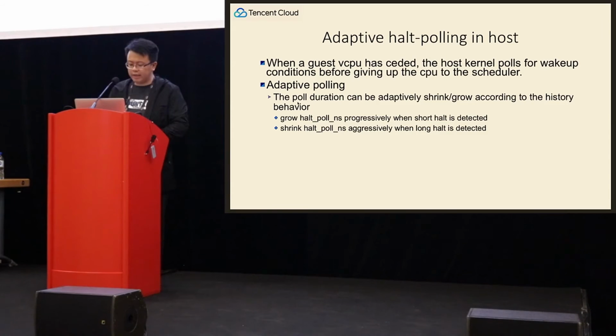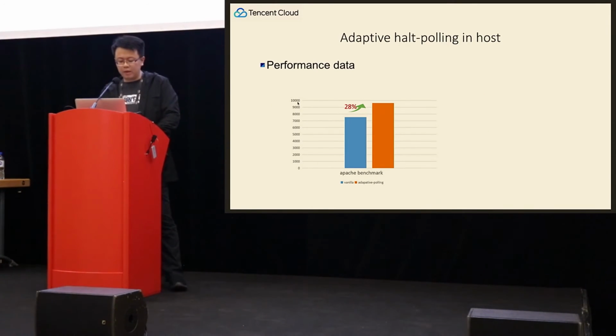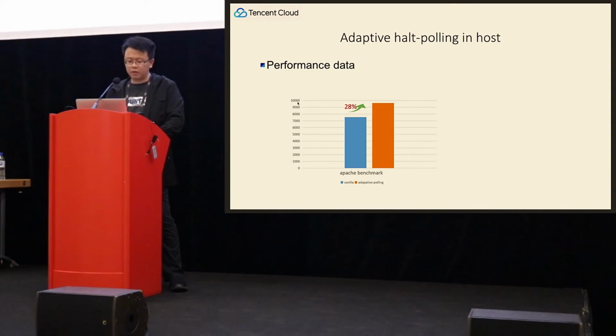When a long halt is detected, we will shrink the poll duration aggressively. Let's see the performance number. The Apache bench can improve by 28%. As I mentioned before, there is still a VM exit. So can we avoid this VM exit?